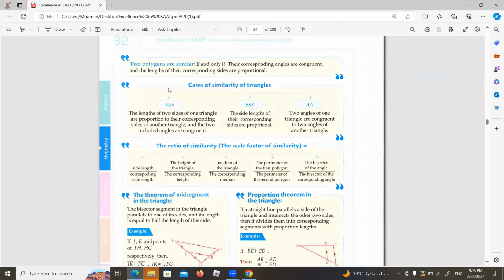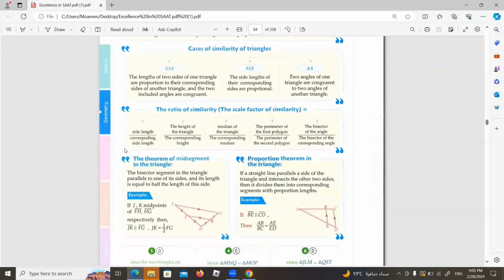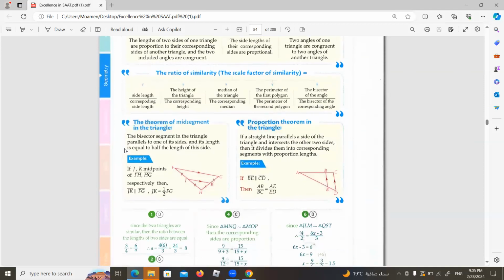Okay, we're going to the mid-segment theorem and also the proportion parts. This is a very important theorem. Pay attention with me. If we have a triangle, this triangle is called ABC.